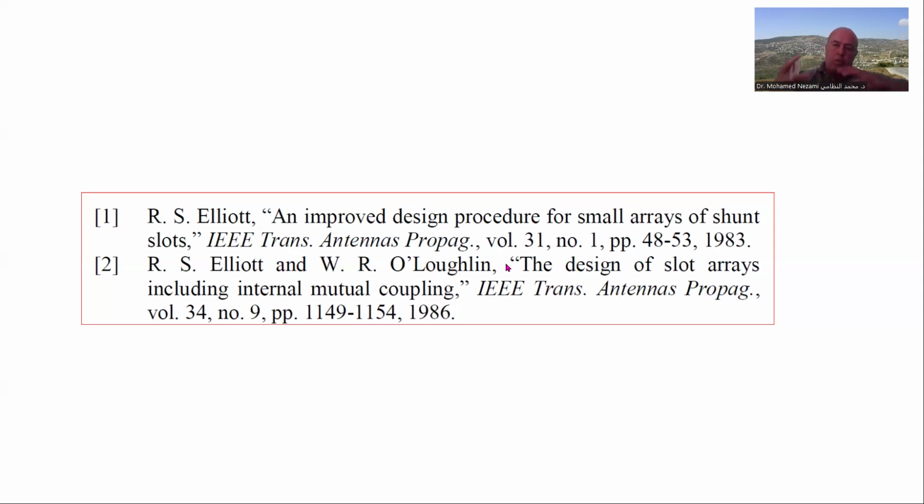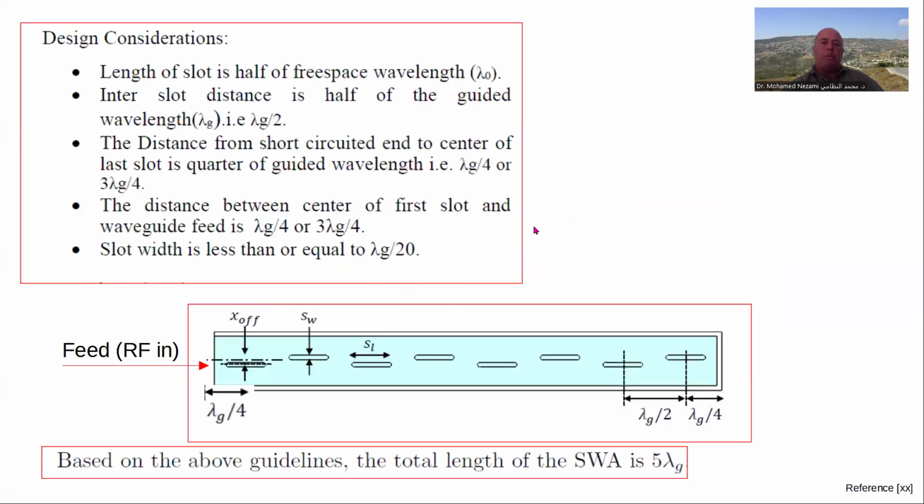As you know, today is an introduction and building the theoretical background, and then I will move on until I construct a complete aperture from slotted waveguides. Dr. Elliott's papers are IEEE publications in the Transactions on Antennas and Propagation, from 1986 and 1983, and these are the references.